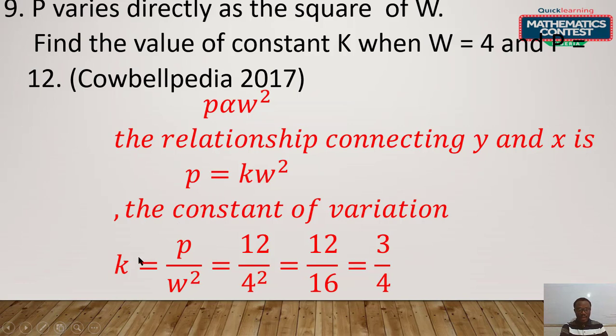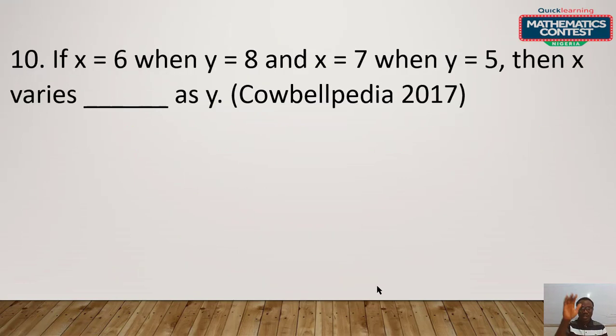So to get our k now, k will just be P over W squared. Now P is 12, while W is 4, but 4 squared here is 16, so we'll have 12 over 16, and dividing by 4, 12 becomes 3, and 16 becomes 4, so the constant of proportionality is 3 over 4.